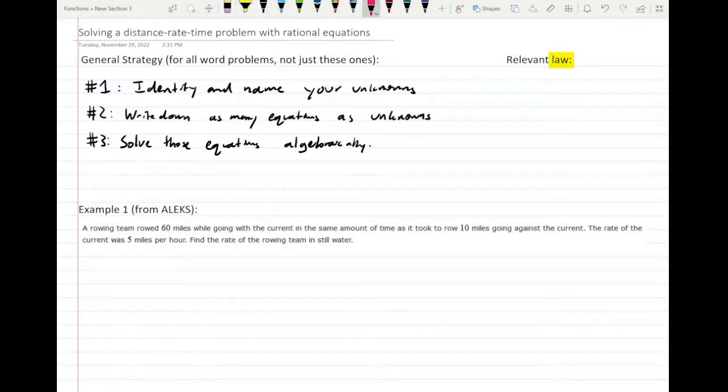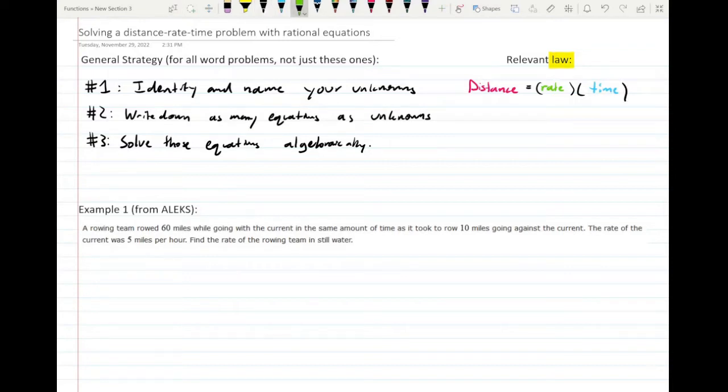to this context, and that is that the distance that something travels is equal to the rate that something has been traveling at times the time that the thing has been traveling at that rate.